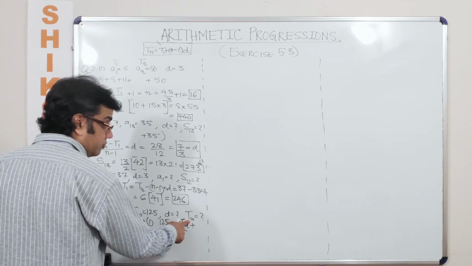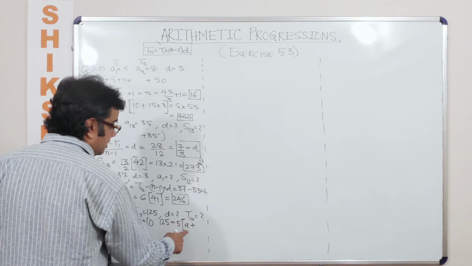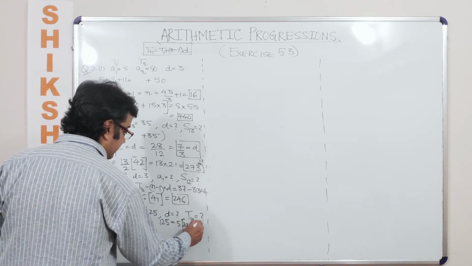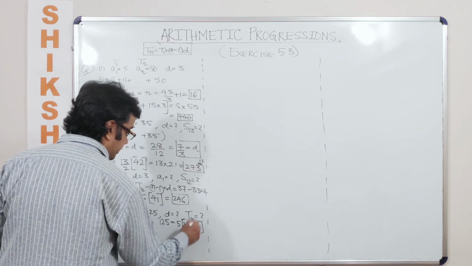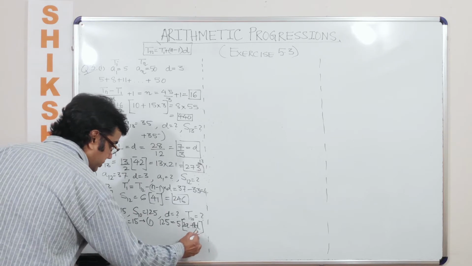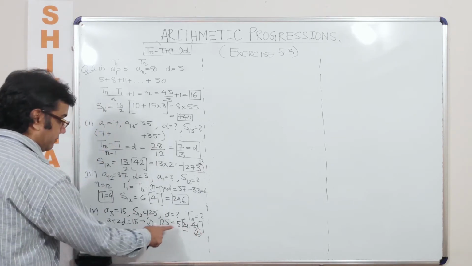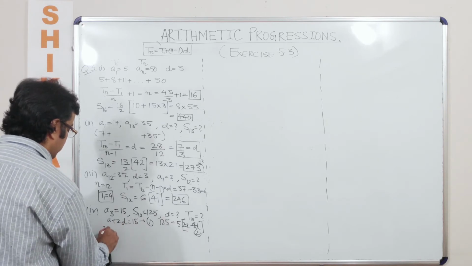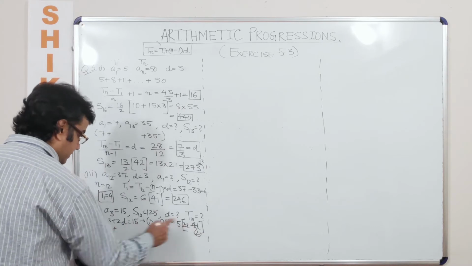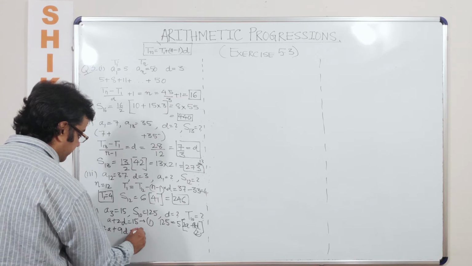The 10th term would be a plus 9d, right? So when you add a plus 9d to this, you get 2a plus 9d. This is what you get. So we get two equations. We have the first equation as a plus 2d is equal to 15, and from the second equation, 2a plus 9d is nothing but 25.